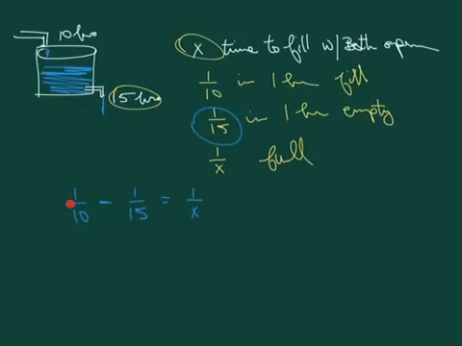This is filling, plus we're adding water. This is the amount we're taking away in an hour, and that would give us how full it would be. Okay, so now we find the LCD. So our LCD is going to be the least common denominator. So least common denominator of 15 and 10 is 30, and then we have our X.